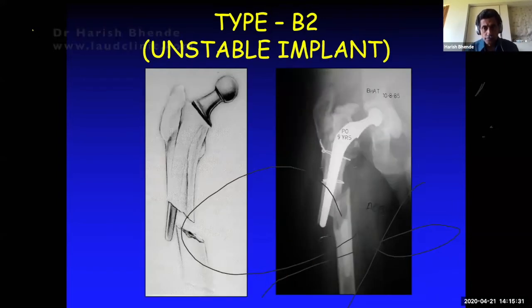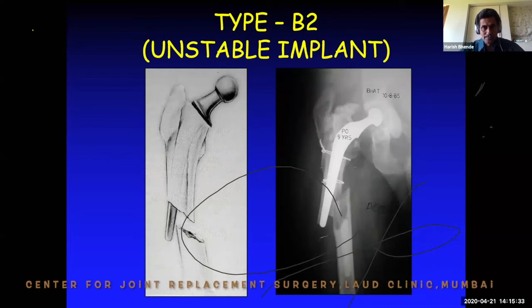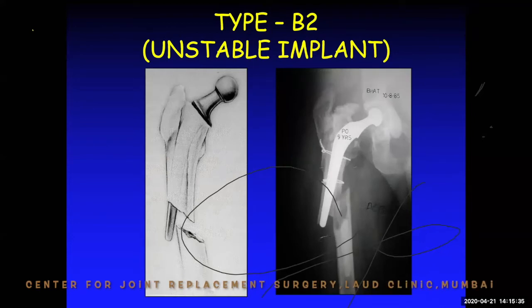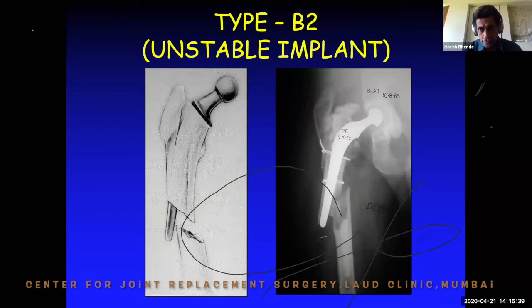Now, when the bone is damaged because of osteolysis and the implant is loose, then this is called a type B2 injury. And when the type B2 injury is there, there is a significant amount of osteolysis. In many cases you can see it, but sometimes you may not be able to visualize it.